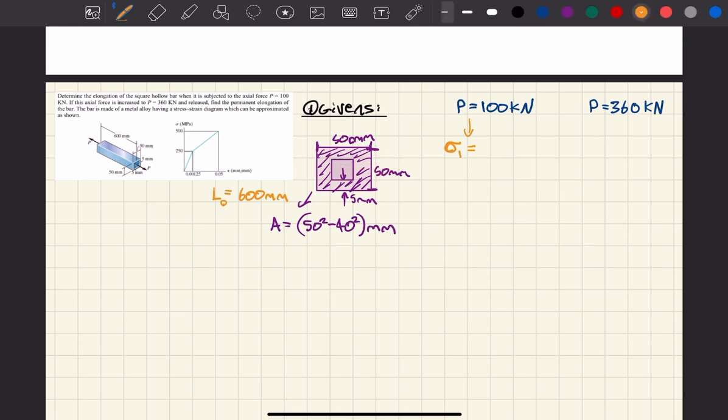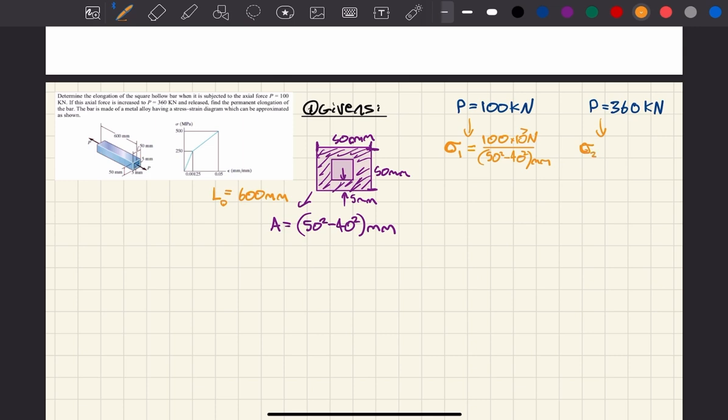So basically we have 100 kilonewtons, P over A, divided by 50 squared minus 40 squared in millimeters. Again, we made a mistake up here. This should be in newtons to get the proper units. So times 10 to the power of 3 newtons. This is millimeters. We can also find sigma 2.